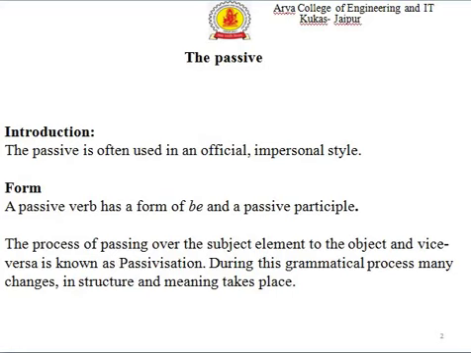There are two voices, active voice and passive voice. Here we're going to discuss the passive. The process of passing over the subject element to the object and vice versa is known as passivization.